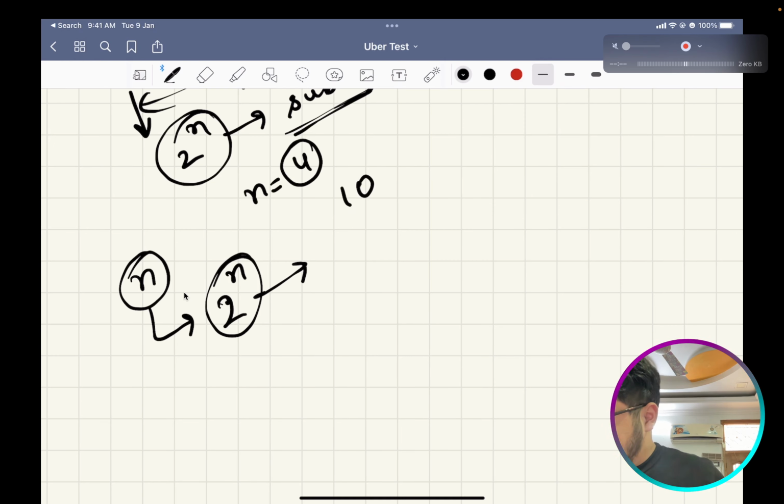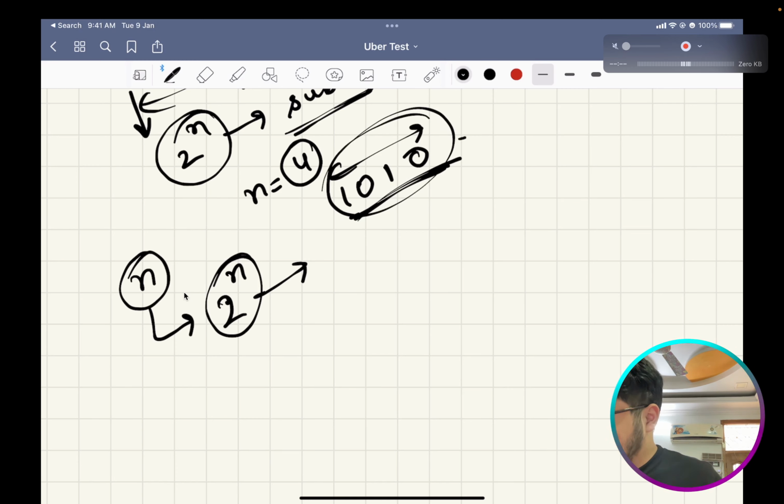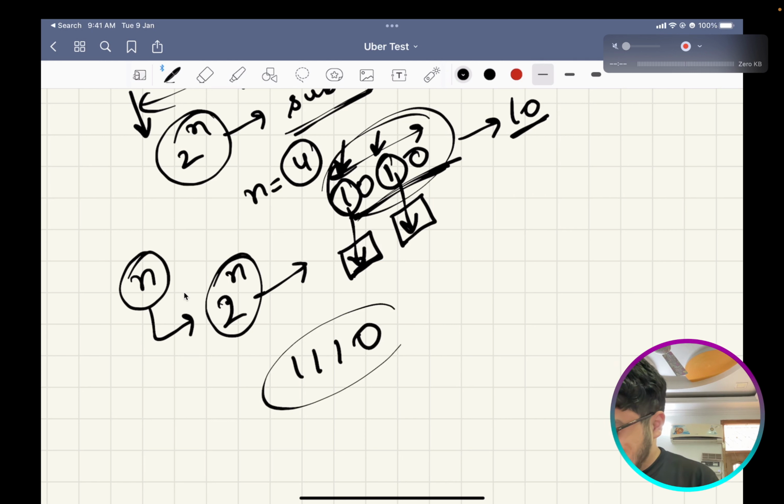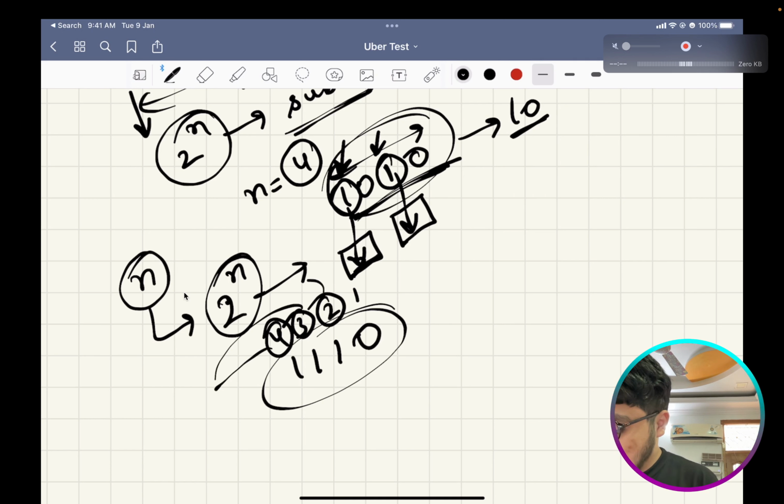This is the binary representation of 10. What does it mean? In an array of 4, the first element and the fourth element are selected. So set bits tell us which elements are selected from the particular positions. If you are given this, it means the second, third and fourth array elements are selected.